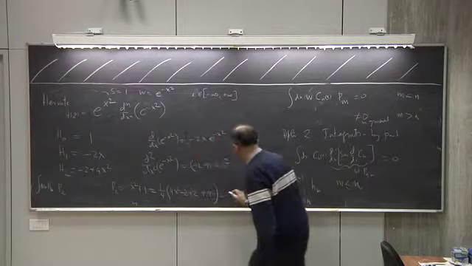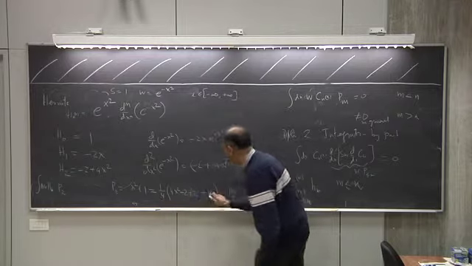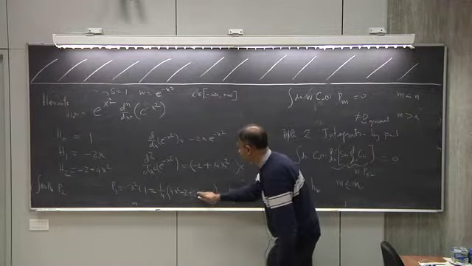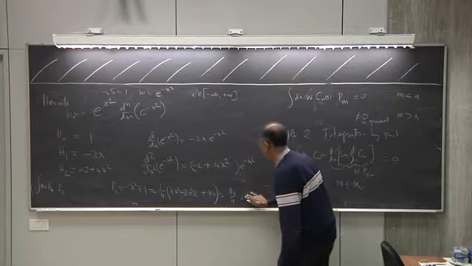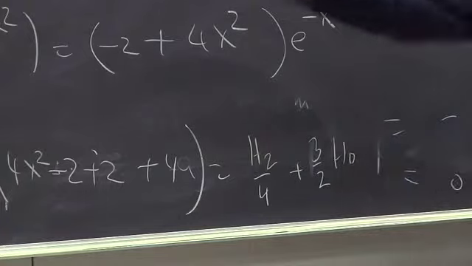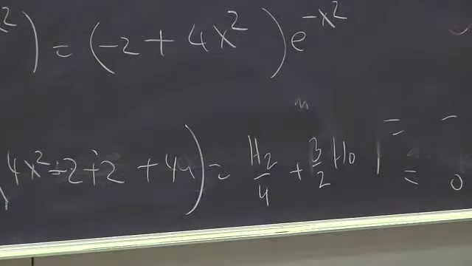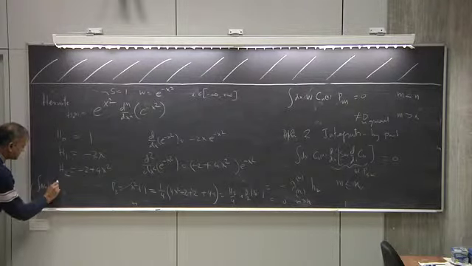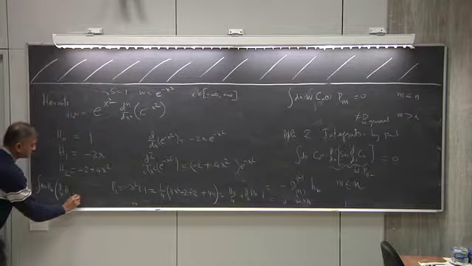So this gives you h2 divided by 4, and then you have 4 plus 2 remaining, so 6 divided by 4, which is 3/2 times h0, because 1 is h0. Therefore, for this particular P2, we have 1/4 h2 plus 3/2 h0.